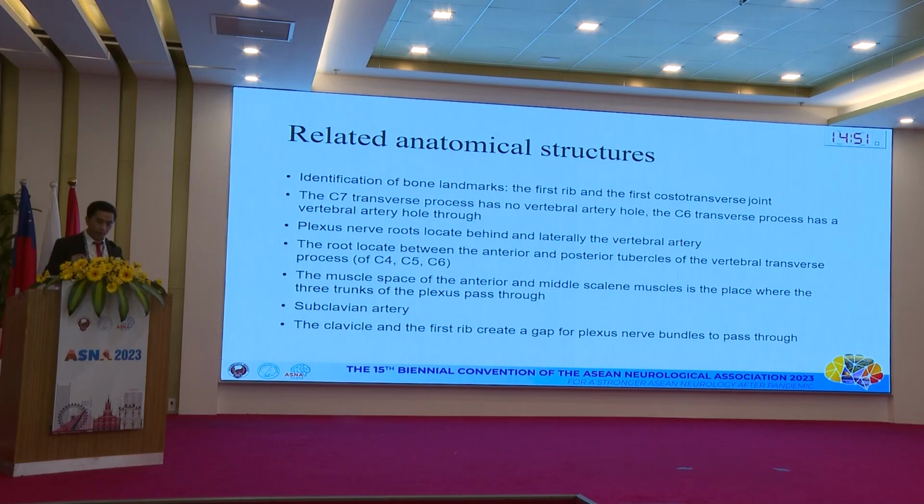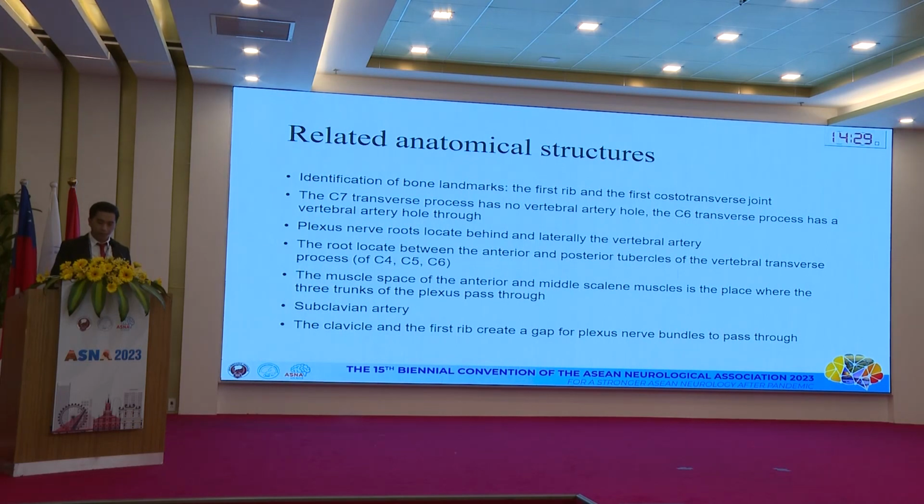The roots are located between the anterior and posterior tubercles of the vertebral transverse process, like C5 and C6. You see two processes, and in the scalene space between the anterior and middle scalene muscles, we see the trunks and some roots.